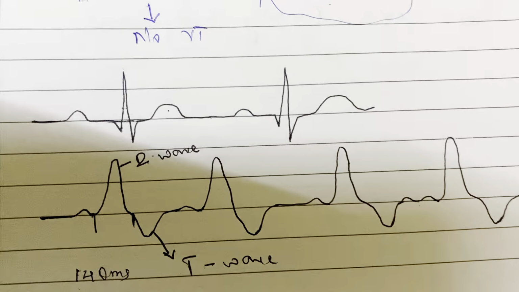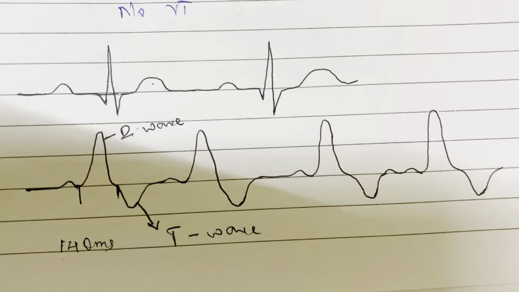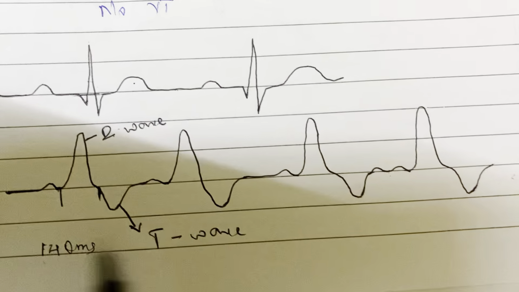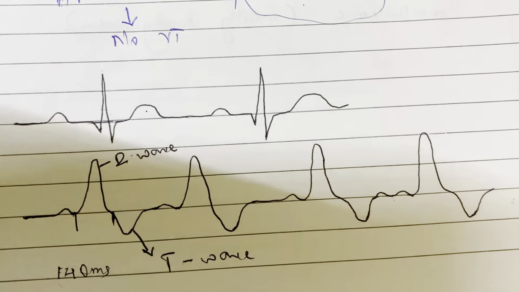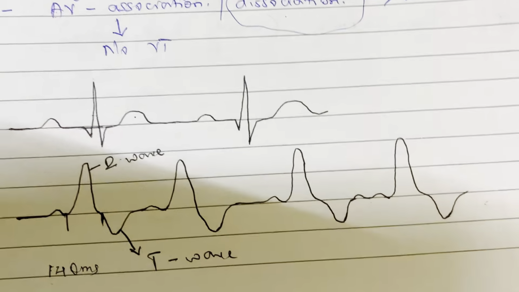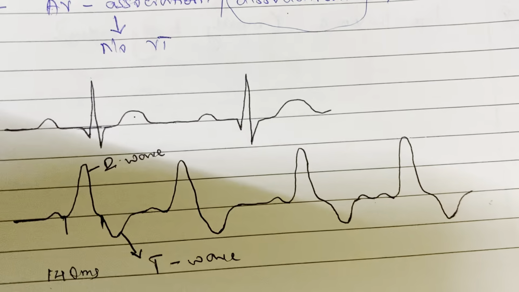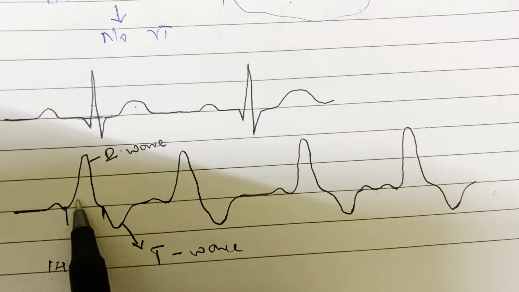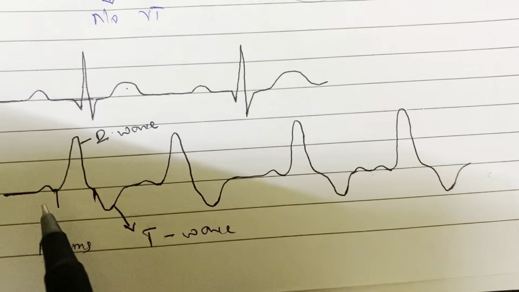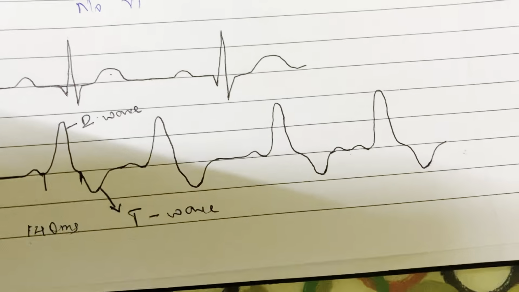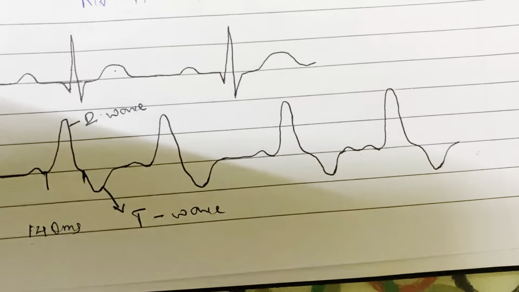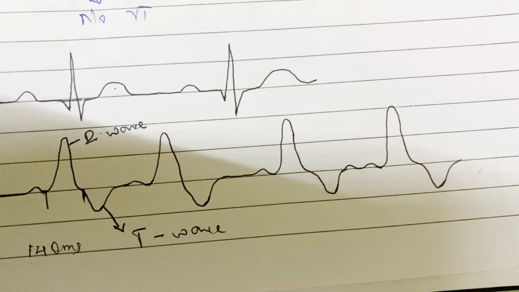The complex is wide, positive, repolarization is wrong, it is negative. You should confirm that T waves are inverted or in the opposite direction to that of the QRS complex. If it appears that it is wide and the T wave is positive, maybe it is tending to become a ST segment elevation MI. But in most cases it will be inverted.